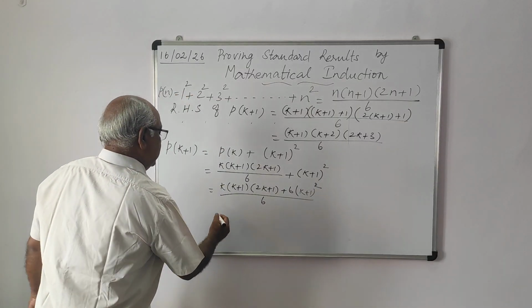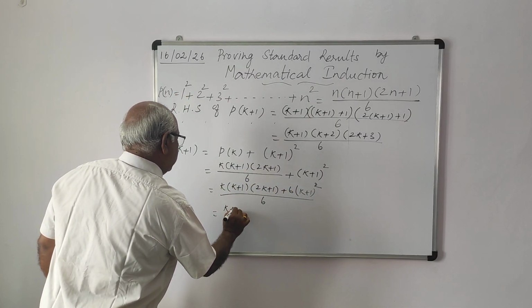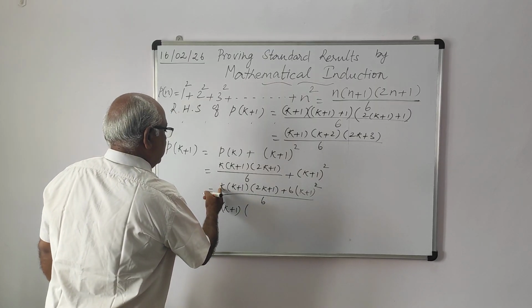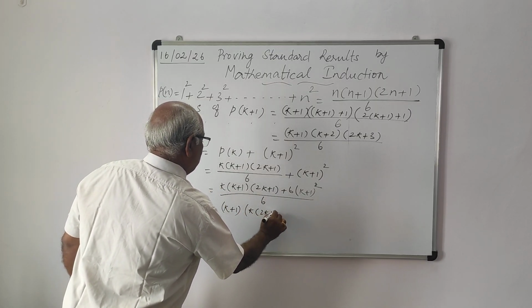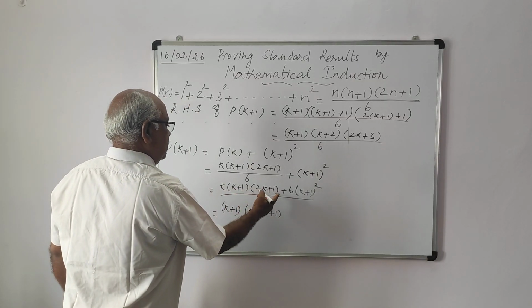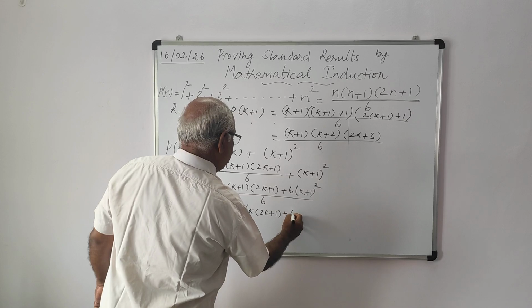Now, in the numerator, k plus 1 is a common term. You take k plus 1 common. You will get k into 2k plus 1 plus 6 into k plus 1.